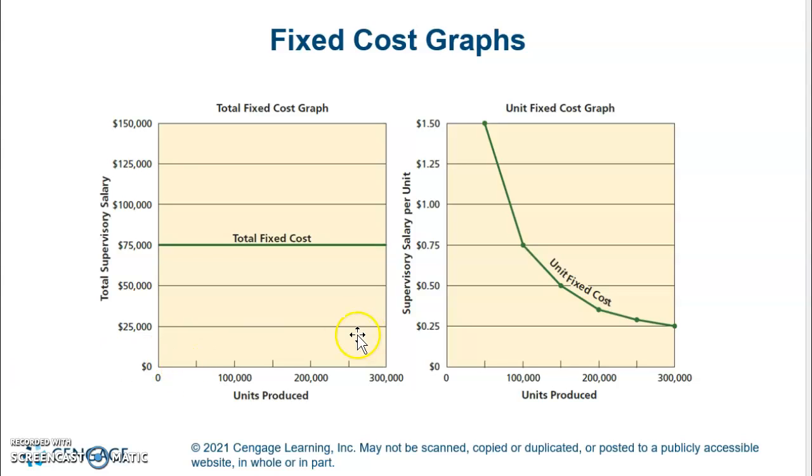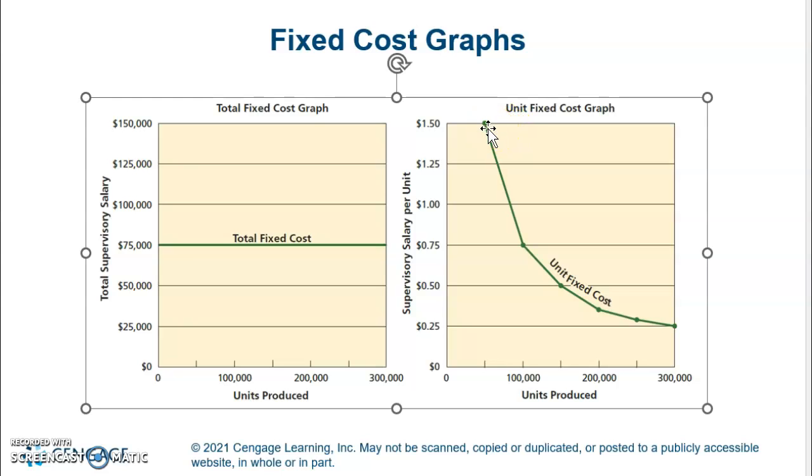Okay, so if I look at fixed costs, here is our unit fixed cost on your graph. It's going to go down the more units I produce. Stay with me for just a minute and take a look at this.